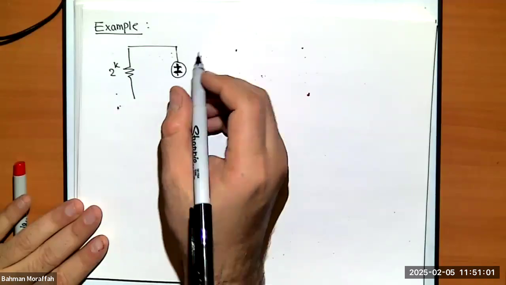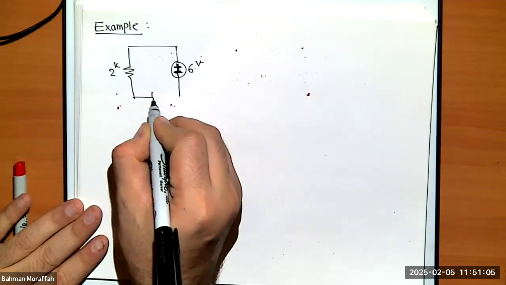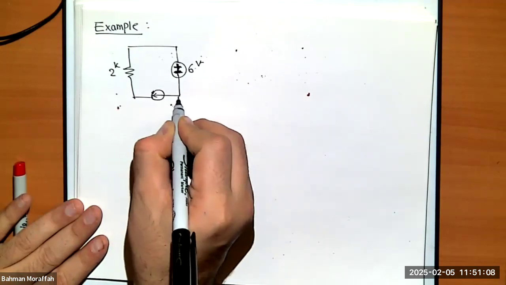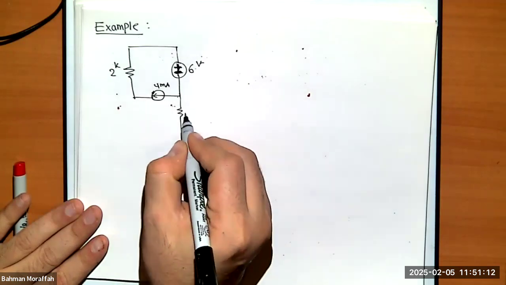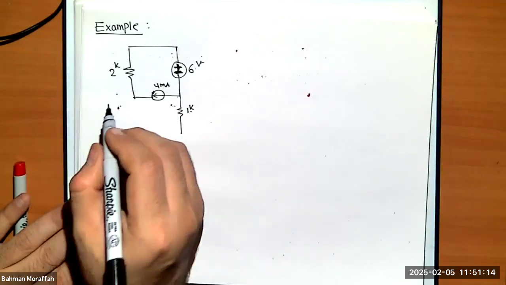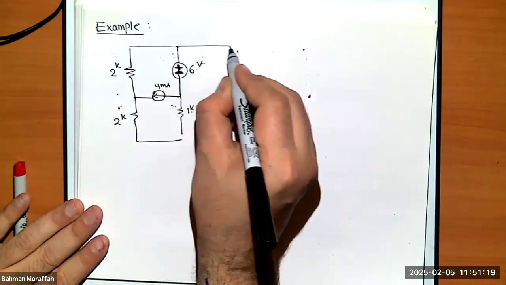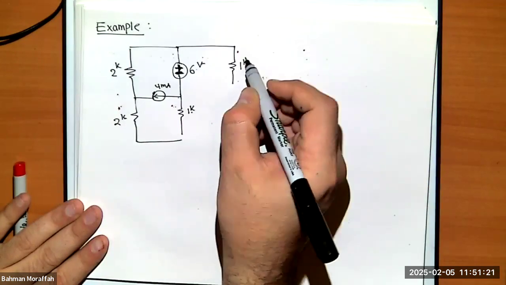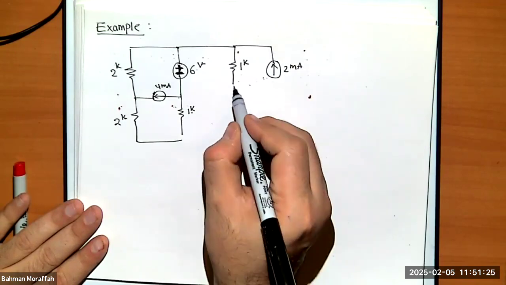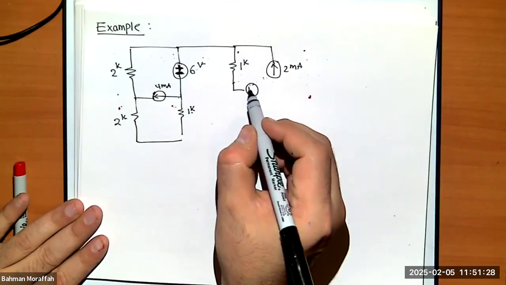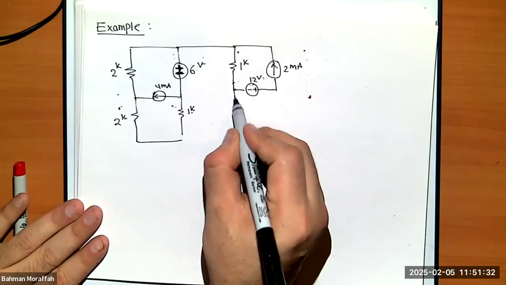Negative is down there. 6 volts. I have a current source, 4 milliamps. I have a 1K. I have a 2K. This is connected to another 1K, another 2 milliamps, a voltage source, negative, positive, 12 volts, and 2 1Ks.